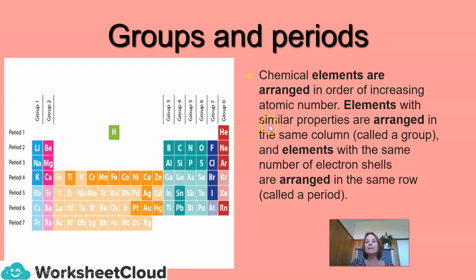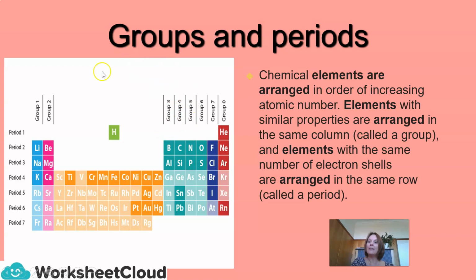Okay, elements with similar properties are arranged in the same column, and the column is called a group. So this is your column on your table, just like a normal table. There's a column, there's a column, there's a column. Can you see all the columns? So it's group 1, group 2, group 3, group 4, group 5, so on.